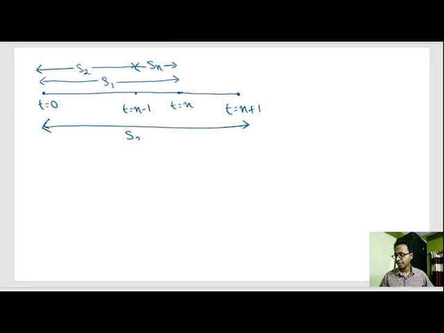So Sn plus 1 is nothing but S3 minus S1, the displacement of the particle from t is equal to n to t is equal to n plus 1. Okay, see the question again.